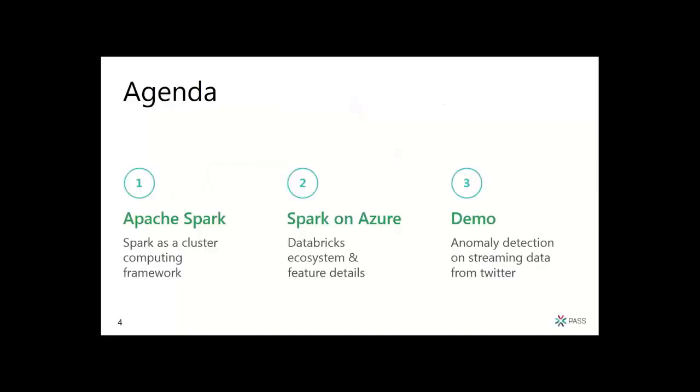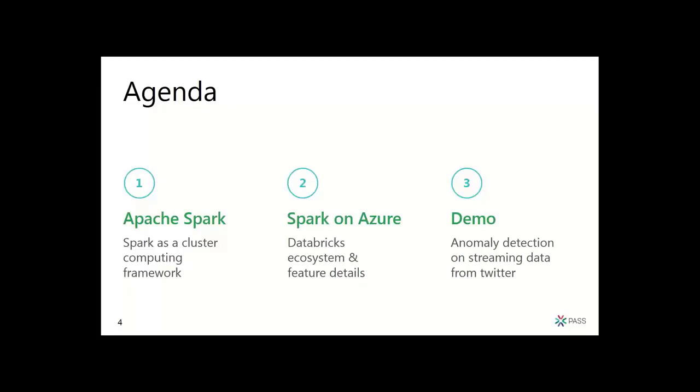So this is our agenda for my presentation. During the initial episodes, I'll talk about the open source project, Apache Spark. Spark is a cluster computing framework. Then I'll move to explaining Spark on Azure, which is called Azure Databricks, its ecosystem and feature details.